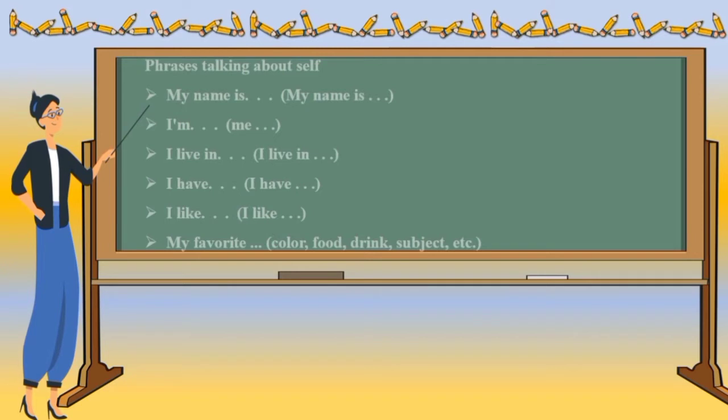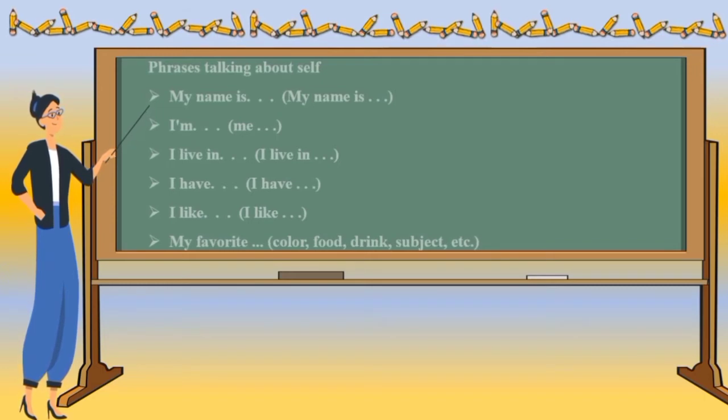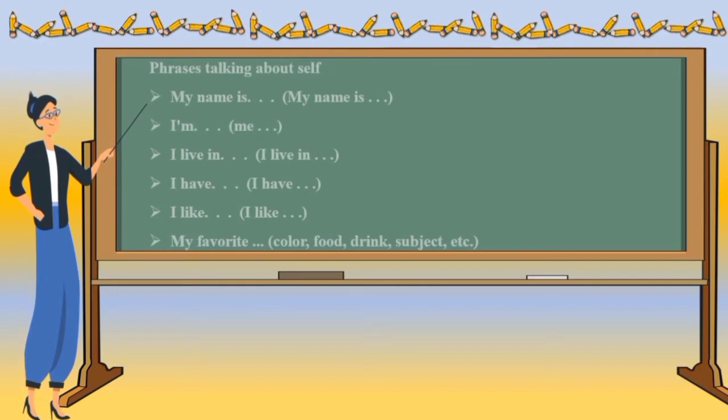Okay, here are example phrases for talking about self that you can give, or some information like my name is, or I am a student, I live in Malang. I have 3 siblings.